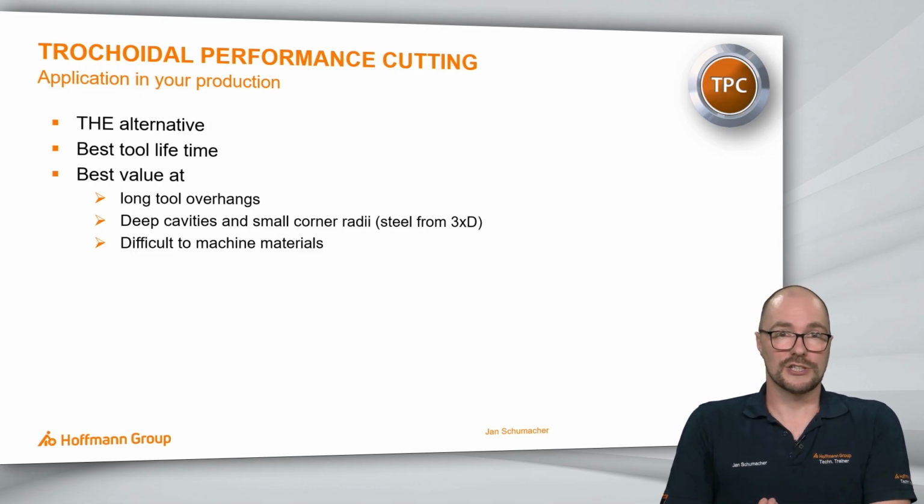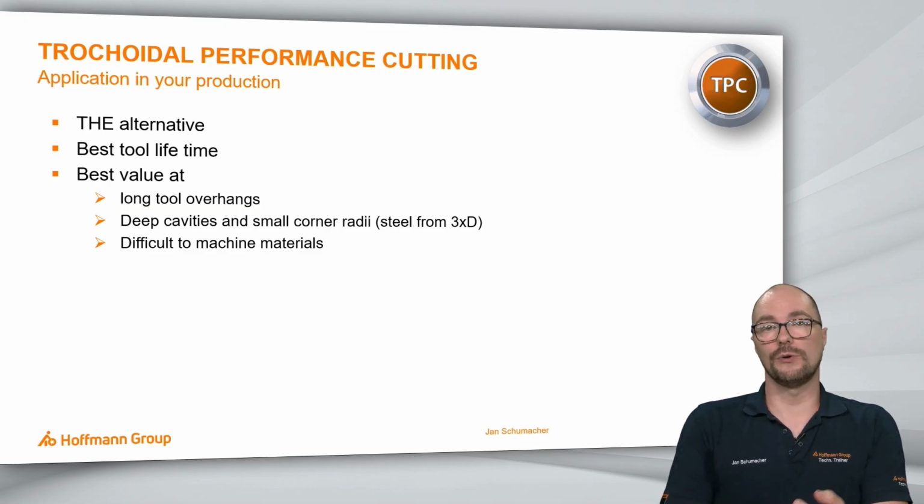You will generate the best value if you really need those long tool overhangs, if you need to machine deep cavities with small corner radii, or if you have to machine difficult materials like hardened steels, stainless steels, or even titanium.